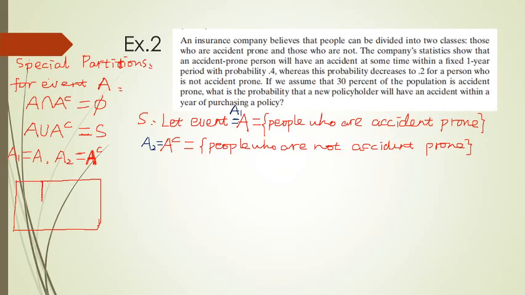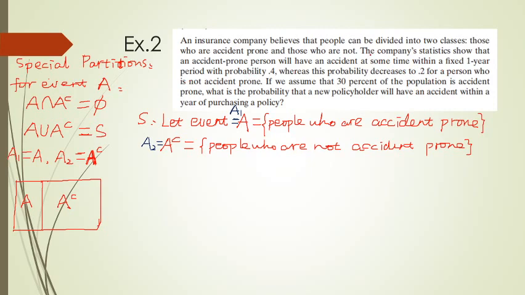Let's read the question one by one. So this is A, this is A's complement. Of course, the people who are accident prone will be the smaller proportion, right? Now let's read what the probability means. They are talking about accident prone with the time period of one fixed year.